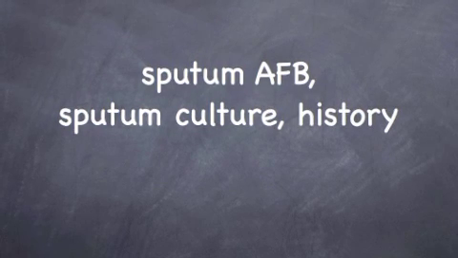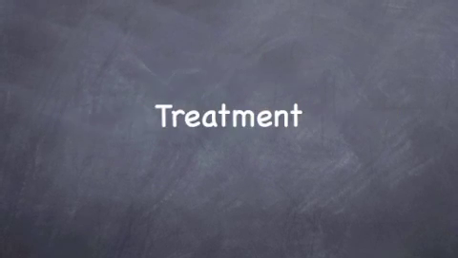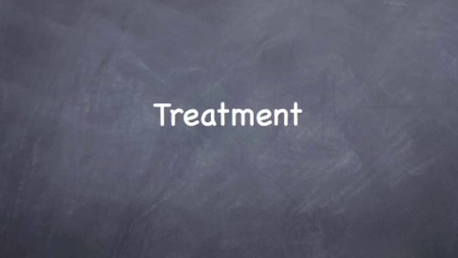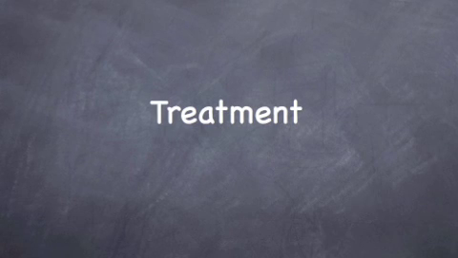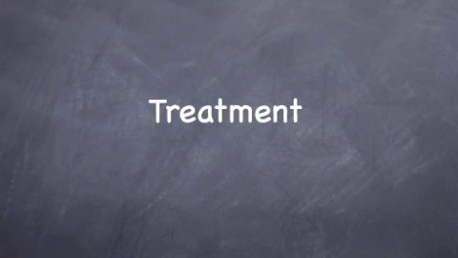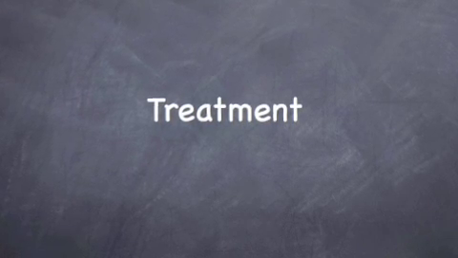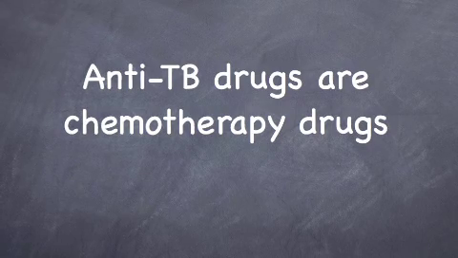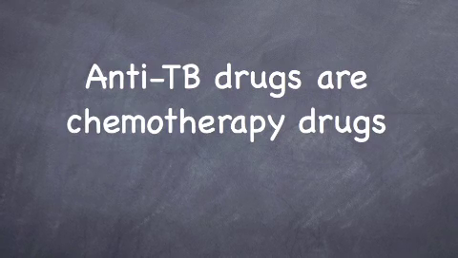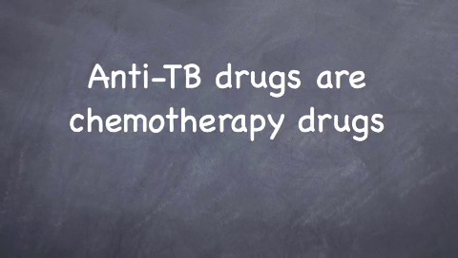Now, the treatment is very, very important. So this is the section I'd like you to pay particular attention to. It looks more at the treatment than at the assessment portion of this type of disorder, because we look at compliance and the effect of these drugs on the client. Now, all of these are called chemotherapy. We talk about chemotherapy when we look at drugs that treat a specific illness.